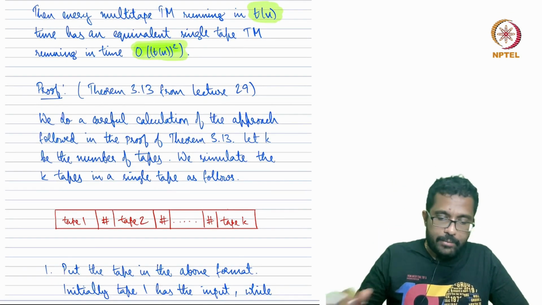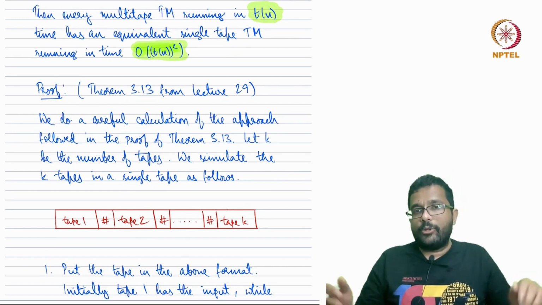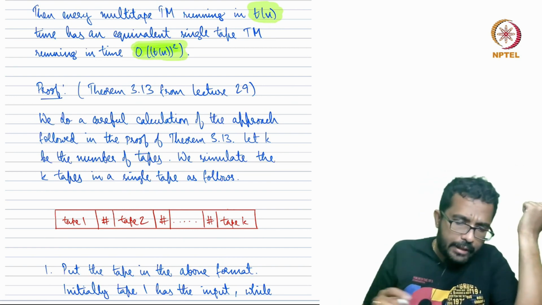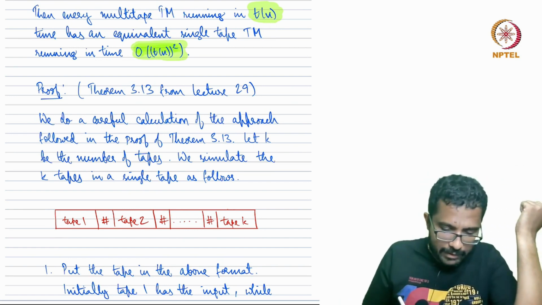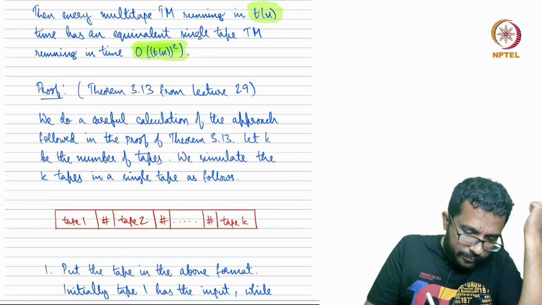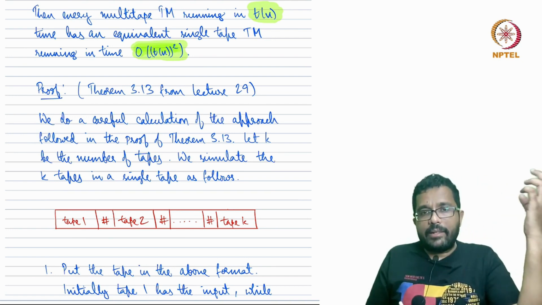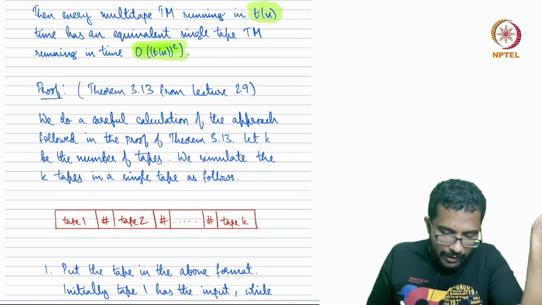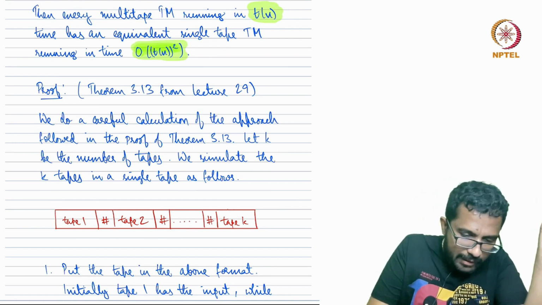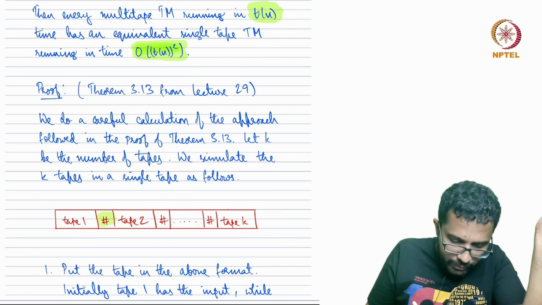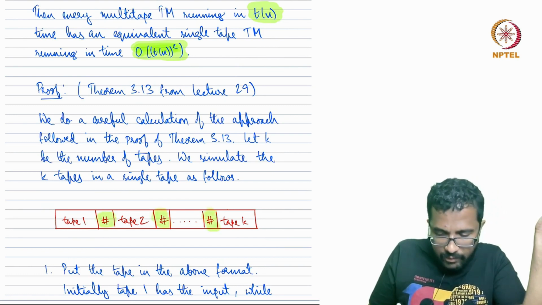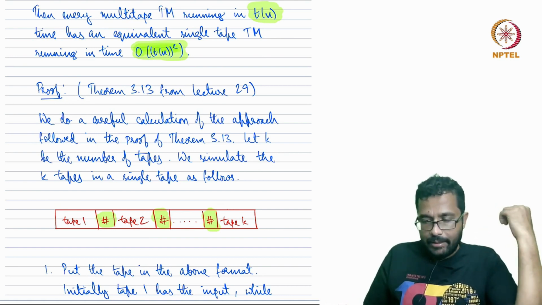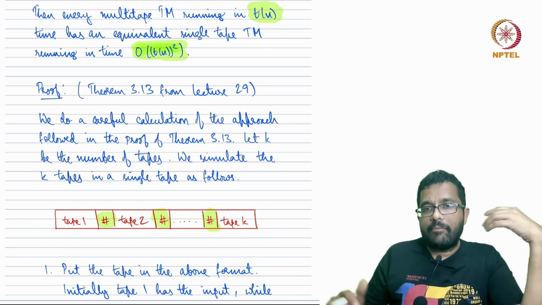So let k be the number of tapes that the multi-tape Turing machine has. Now we want to simulate it in a single tape Turing machine. You may recall this, but I will briefly explain. Basically the k tape contents are included in a single tape, and we use delimiters, denoted by the hash symbol. So we are virtually dividing the single tape into k tapes.